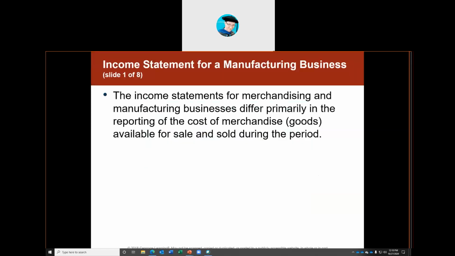On the income statement for a manufacturing business, the primary reporting is the cost of goods sold.